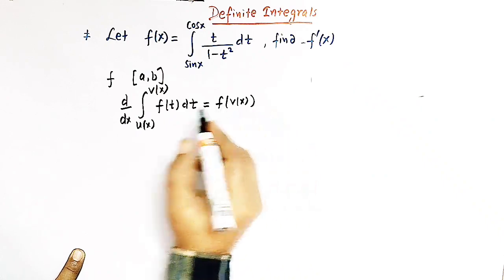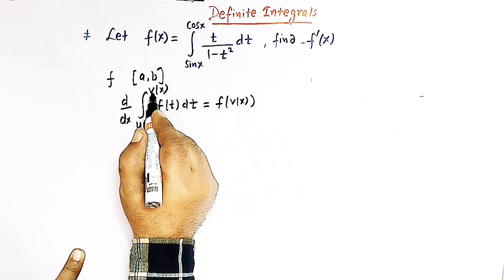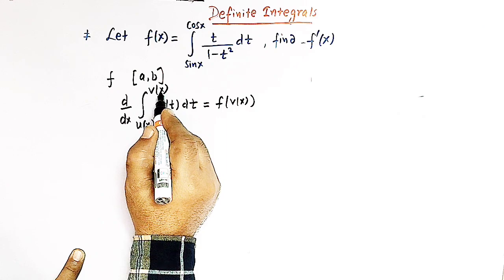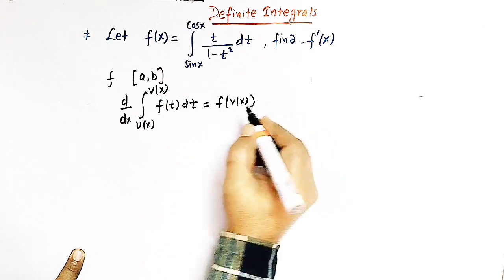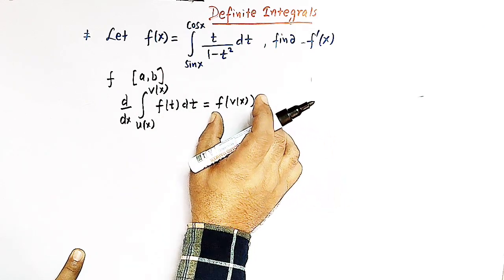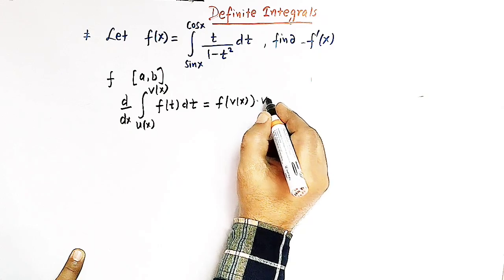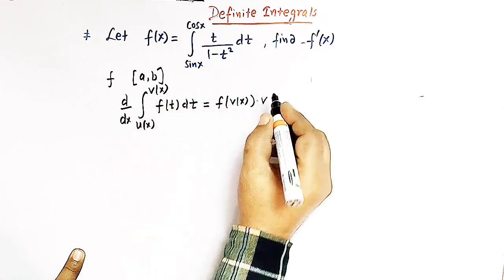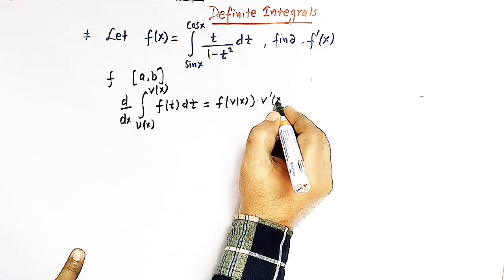So first we will replace this t by the upper limit v of x, and then we multiply this quantity with the derivative of this upper limit, that is v prime of x.